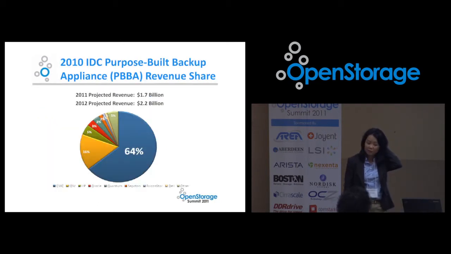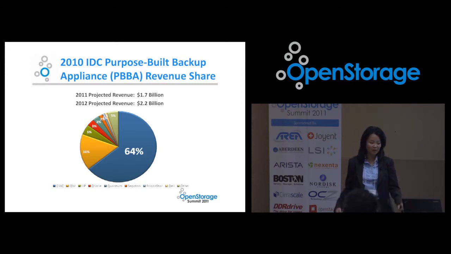When you look at the IDC revenue, this is based on revenue market share that they did last year. They're forecasting that this year, in 2011, it's about a $1.7 billion market for appliances built just for backup targets, and that revenue is projected to be about $2.2 billion next year.